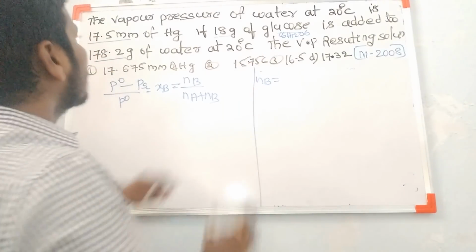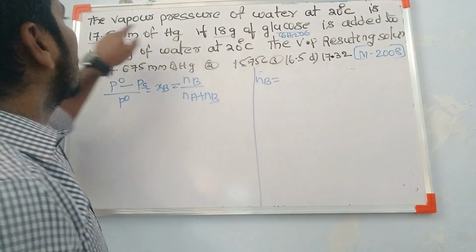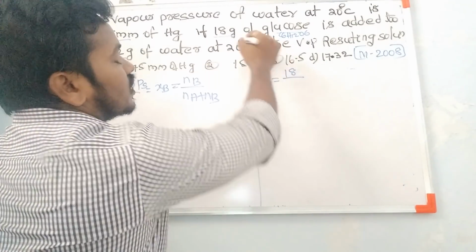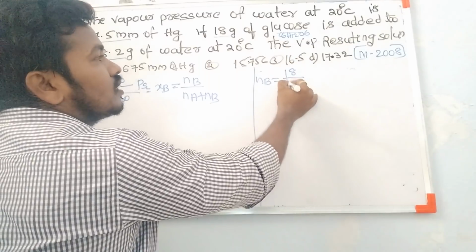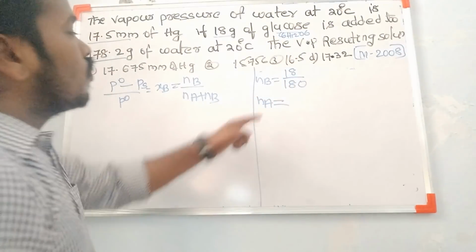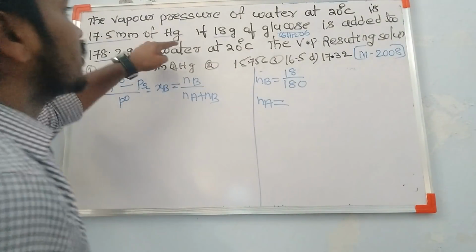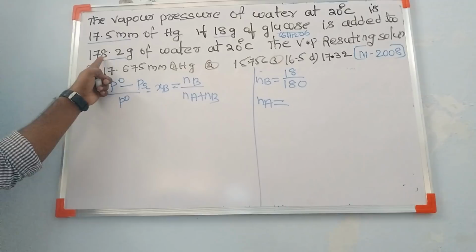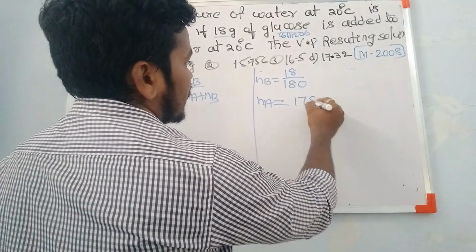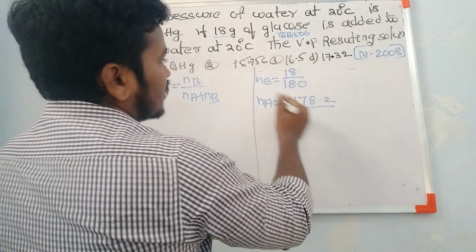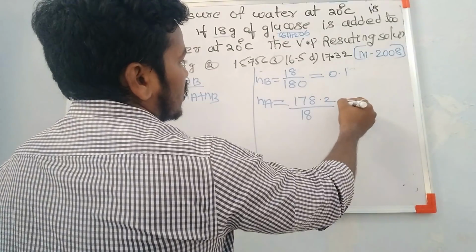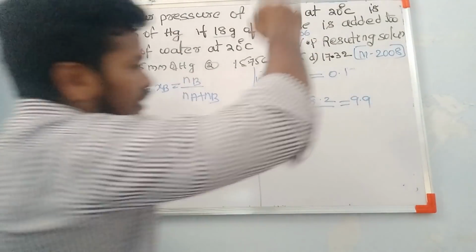The weight given is 18 grams for the glucose, and the molecular weight is 180. For NA, the weight given is 178.2, and the molecular weight is 18. So here you will get 0.1 and here you will get 9.9.